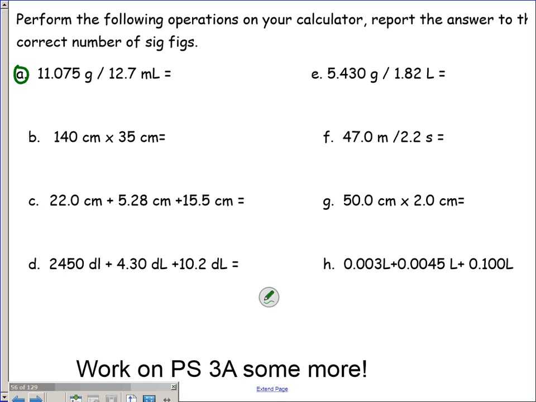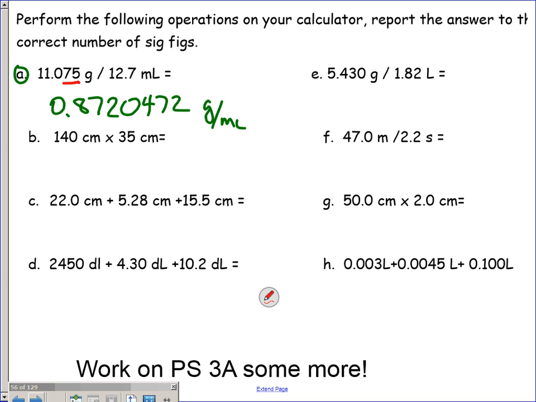So what did you get, Kim? 0.87 and on, right? Okay. And the units would be grams per milliliter, right? All right, so that's a really long number, but where do we stop? We need to go back to the original 2 measurements and tell me how many sig figs they have.